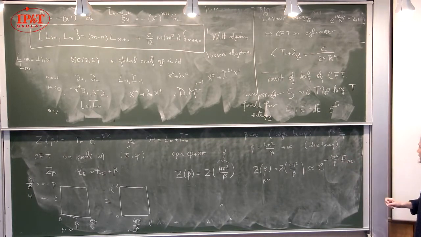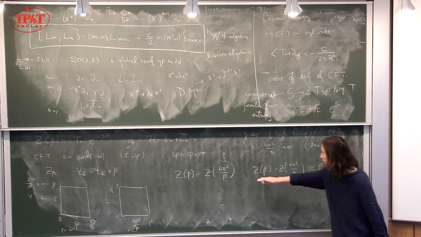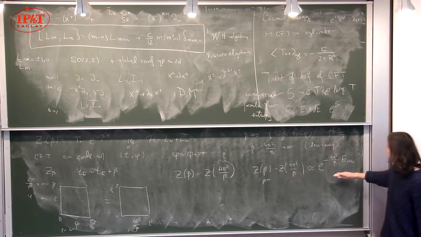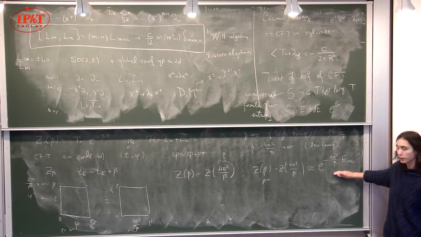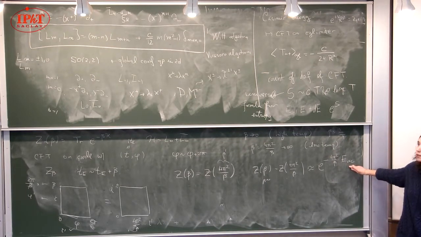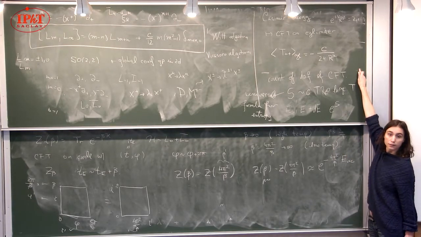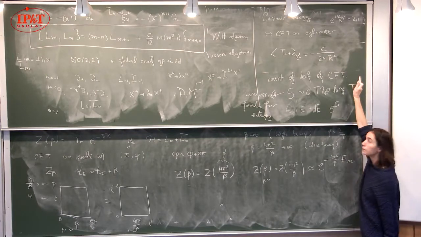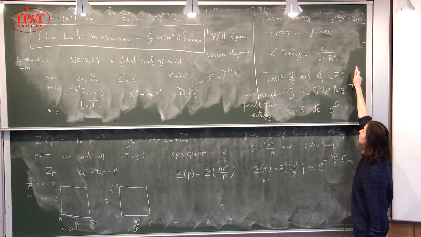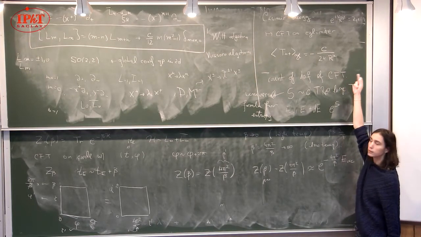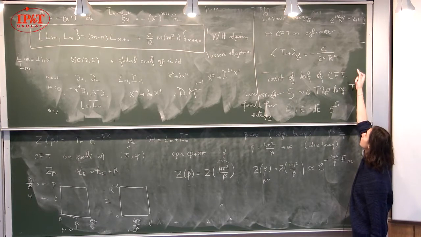Good. Okay, good. So far we've gotten to this relation. So this is, as beta goes to 0, this approximates our partition function. And now we need to evaluate this E vacuum. But this E vacuum is actually universally computed by the central charge via this formula, because this was representing the expectation value of the stress tensor of the CFT on a cylinder, otherwise known as a circle in one dimension.